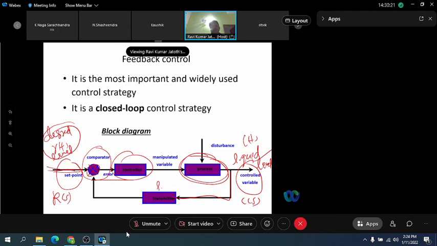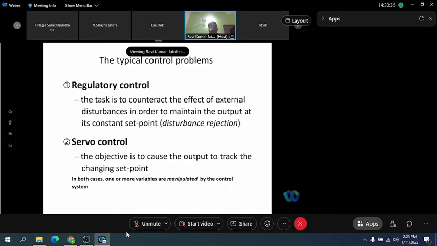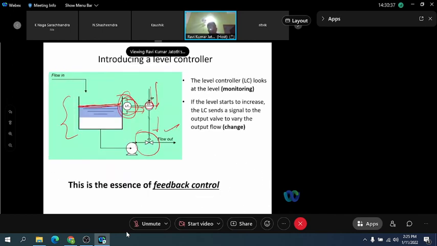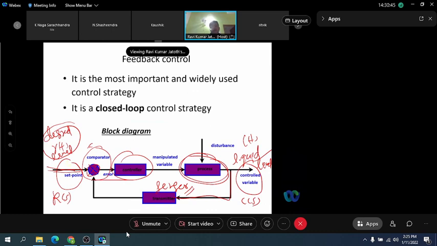We'll be using a sensor here to measure it, and the sensor will transmit the signal from the output to the control station. That's why the name transmitter. So it compares, and then the output here is the manipulated variable.